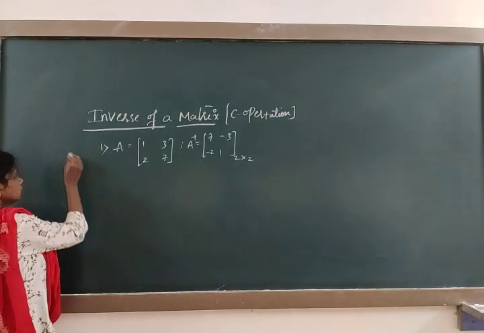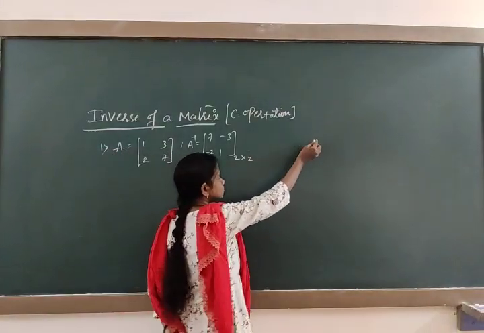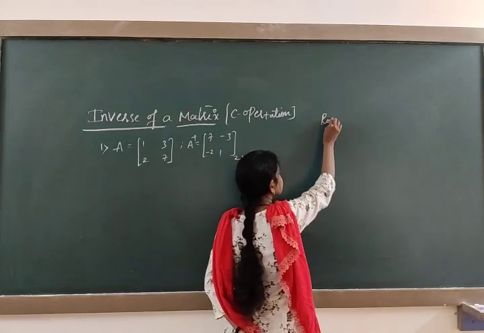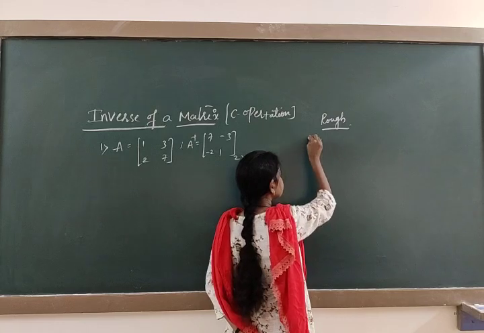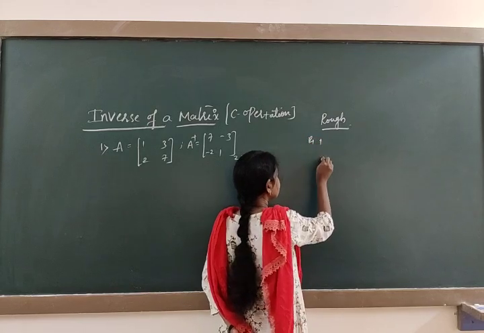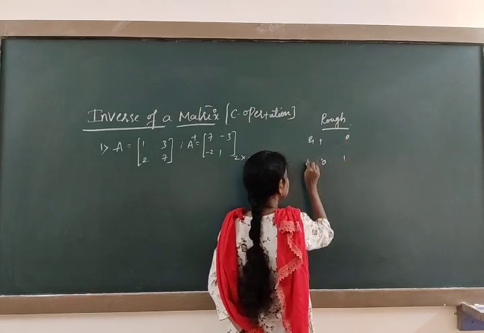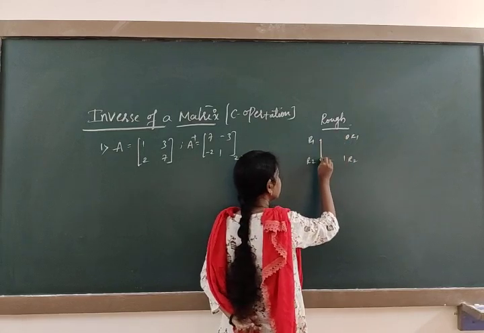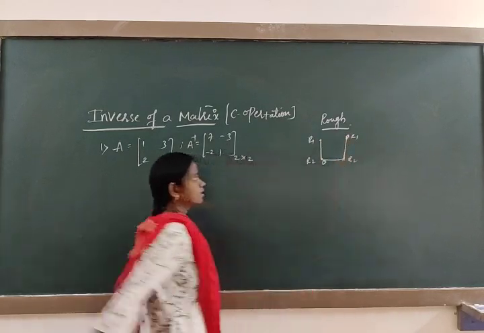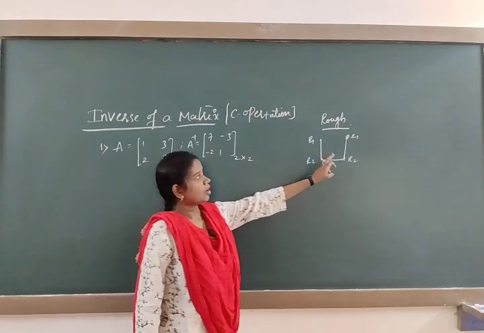So yesterday, if you remember the last session, I will write it here as rough work. This is R1, it is 1, 0, 1, 0. This is R2, R2, R1. So the figure I think you remember. Now also R1, R2, R2, R1.